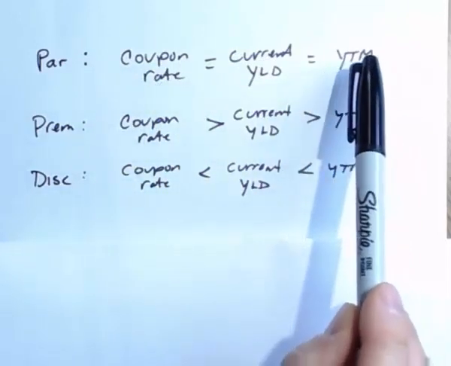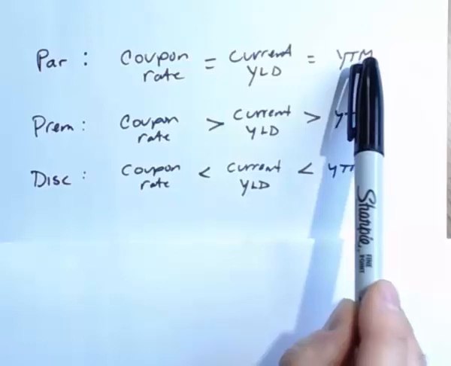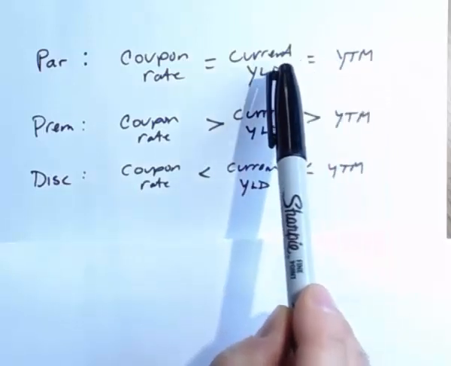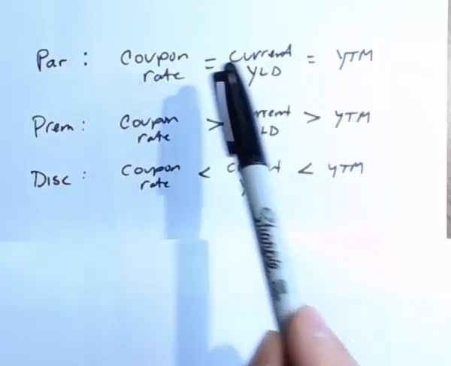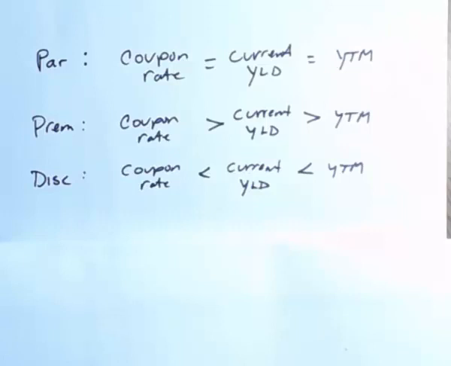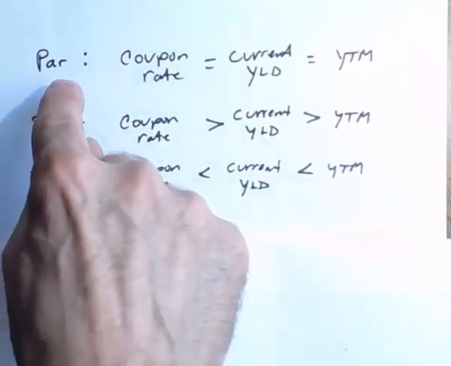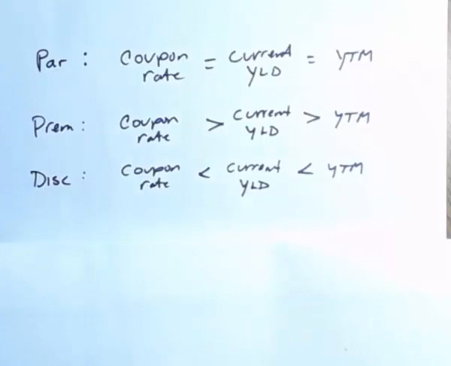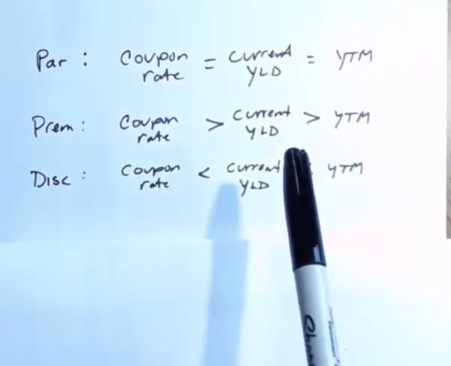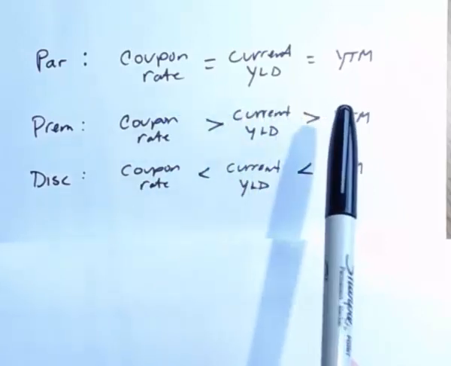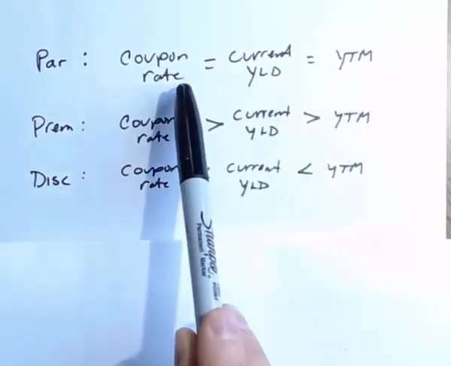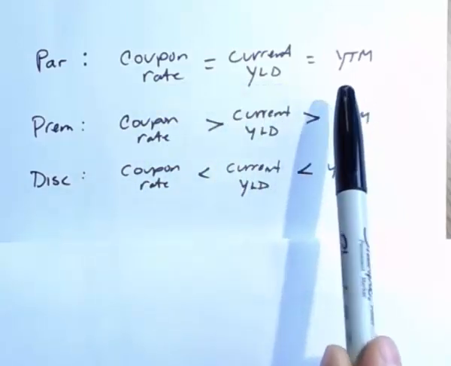It's also the point where the yield to maturity equals the current yield and the coupon rate, because the yield to maturity is what the market is looking for in terms of a return given its risk. If the bond is trading at par, there's no premium and no discount associated with the bond. From an investor's point of view, the bond is paying exactly what it should be paying, and so these three numbers line up.